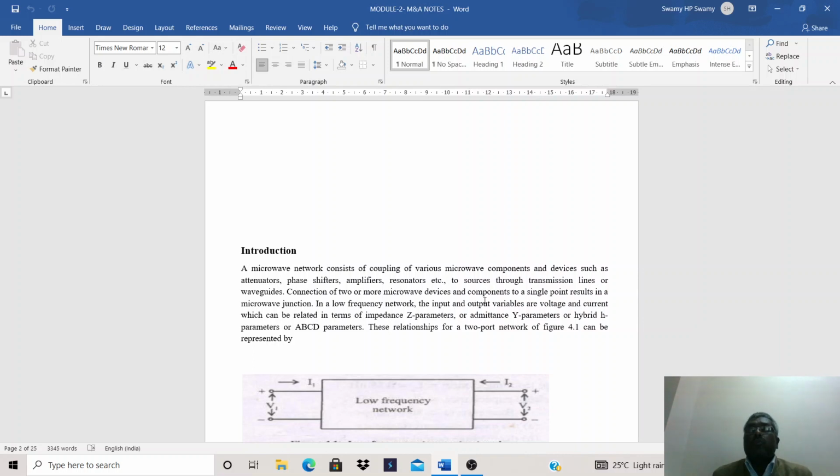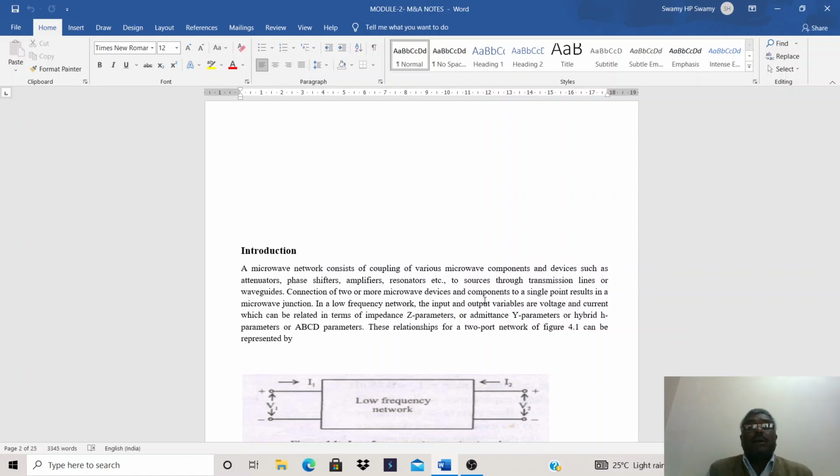Connection of two or more microwave devices and components to a single point results in a microwave junction. When you connect two or more microwave devices, that forms a single point called a microwave junction. In a low frequency network, the input and output variables are voltage and currents.